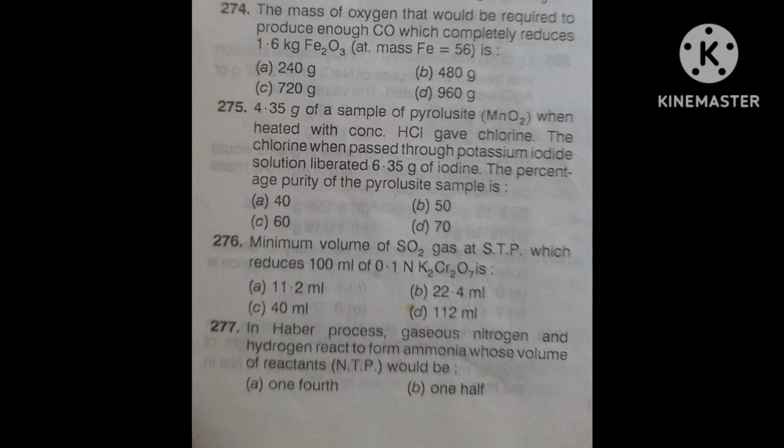After solving, you will get 112 ml SO2. So 0.49 gram K2Cr2O7 will give 112 ml SO2. This is the correct answer, option D, 112 ml.